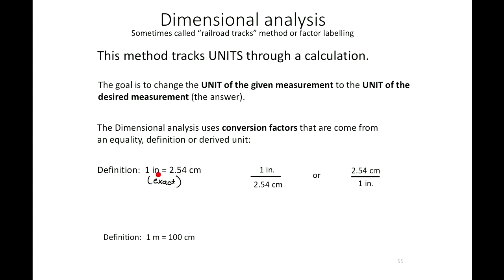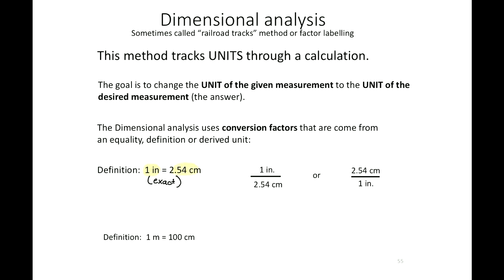So here's a definition that we would give you in a problem. We could say something like 1 inch equals 2.54 centimeters. The whole point of the conversion factor given this equality is we want to set one side of the equal sign over the other side of the equal sign, right?